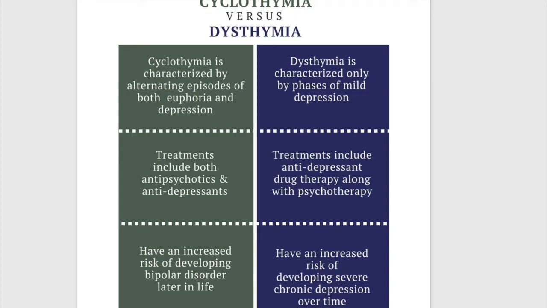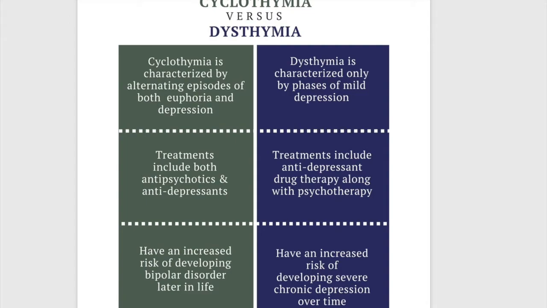With dysthymia or persistent depressive disorder, it's lower and milder phases of depression, and it can develop, and you can be at risk of developing severe chronic major depressive disorder over time. And then treatments include therapy and some sort of psychotropic like an antidepressant.